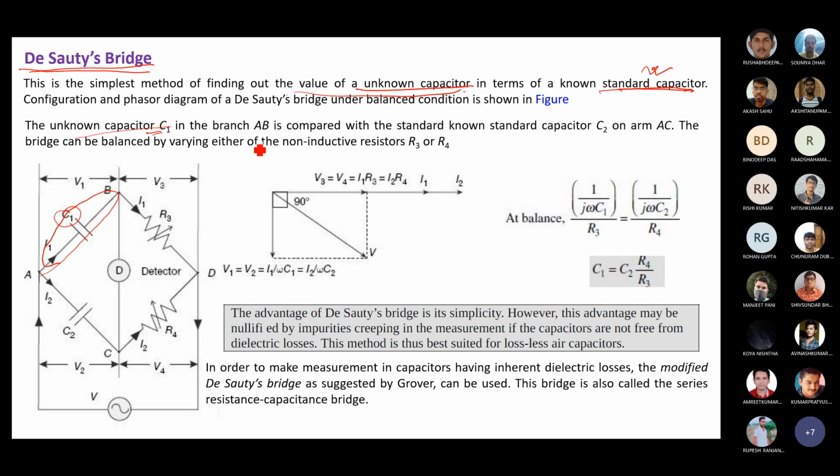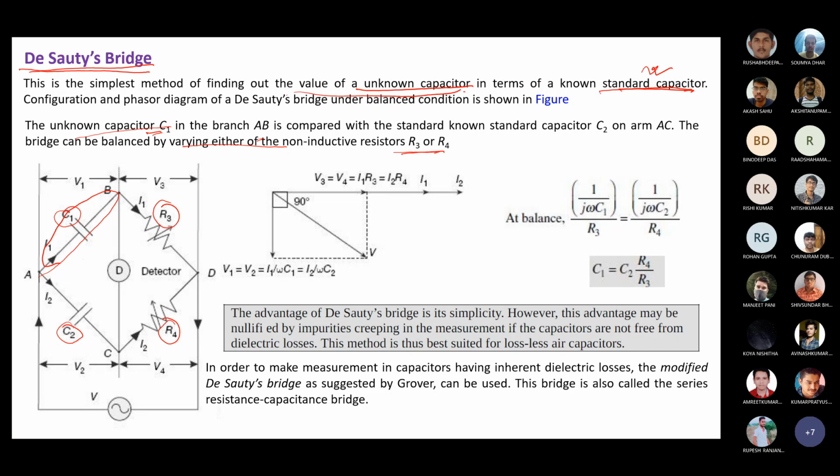For branch AB, it is compared with the standard known capacitance, C2. Then R4 and R3 are there, and it can be balanced by varying either of the non-inductive resistors R3 or R4. So we need to balance them.